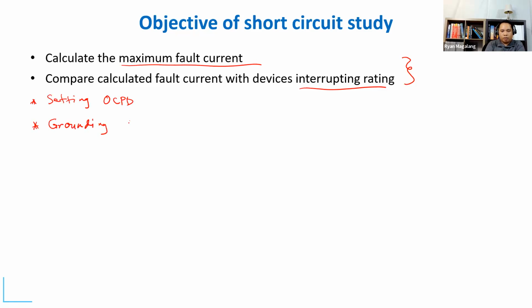That's another reason why you would calculate your short circuit current, because in a grounding study you're interested to know how much fault current is flowing in the ground, especially in substations. We would conduct this grounding study, and there is what we call touch potential and step potential.